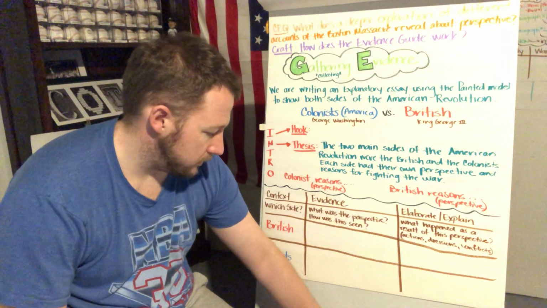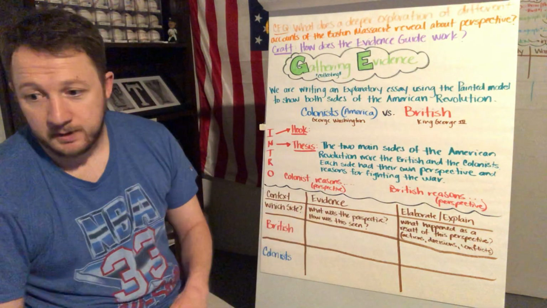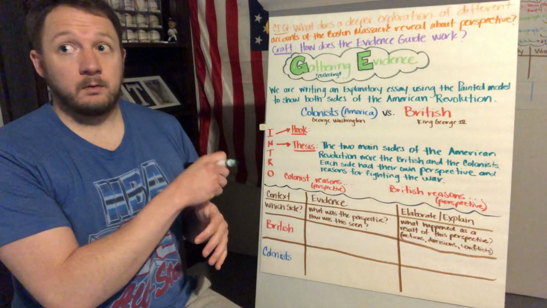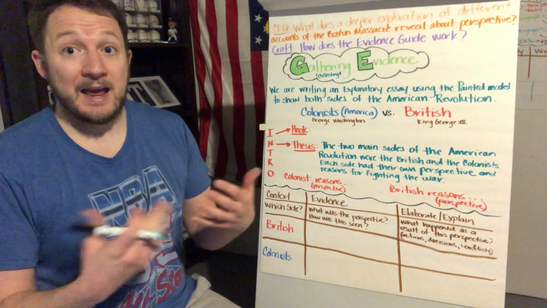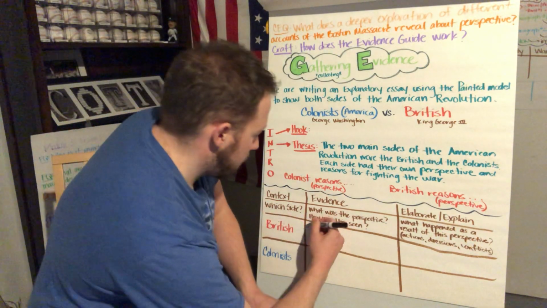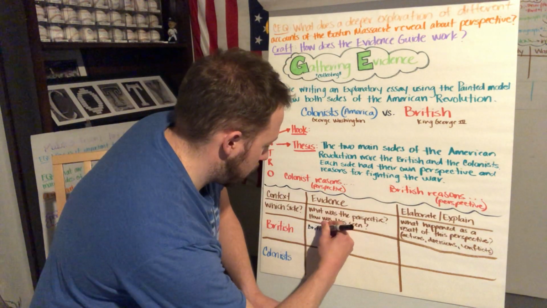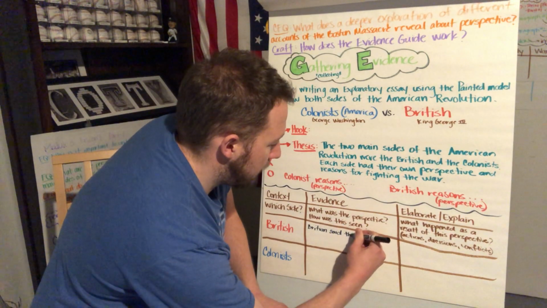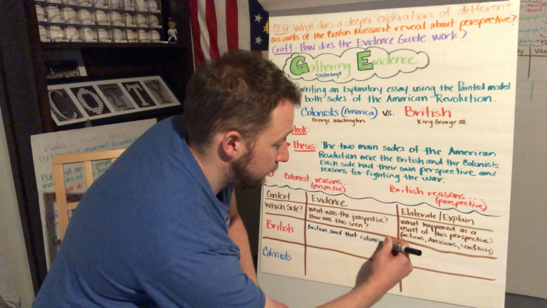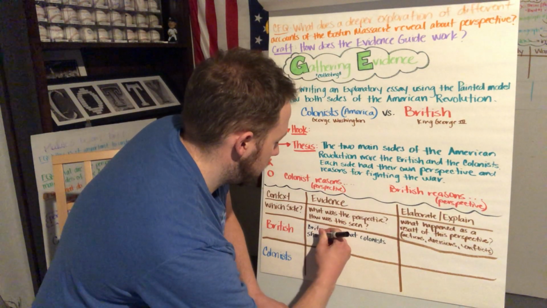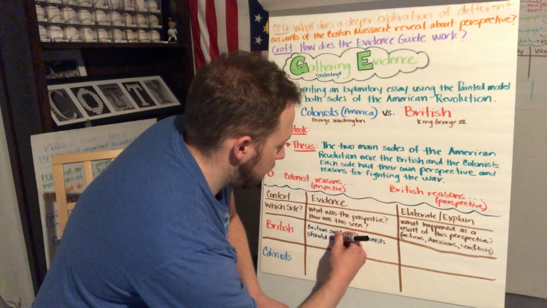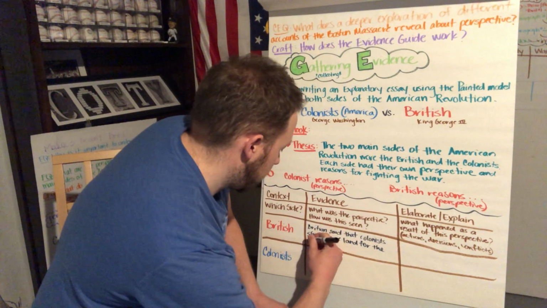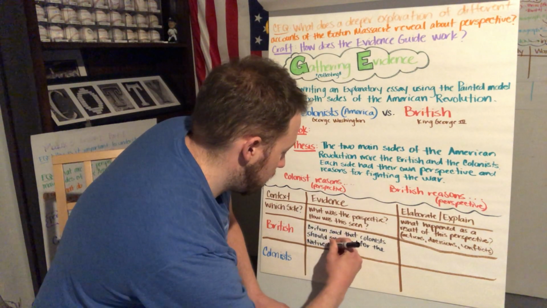So for me, I'm going to start off with the British. What was the perspective? One thing that I remember that the British did that angered the colonists was that Britain said that colonists should save land for the Native Americans.